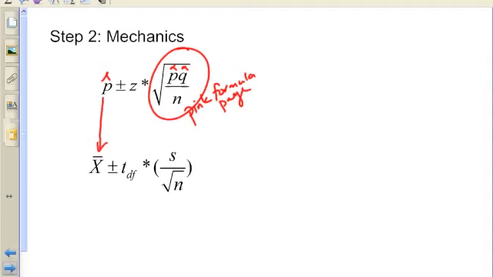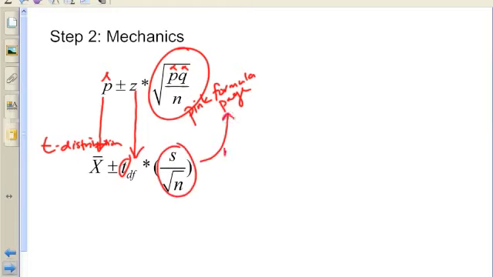It's still a statistic. Instead of z star, we're going to use t star because we're using this t distribution, which looks a whole lot like the normal. And then, instead of the square root of p hat q hat over n, I have s over the square root of n. This is also on your pink formula page, listed under means. Pretty convenient.